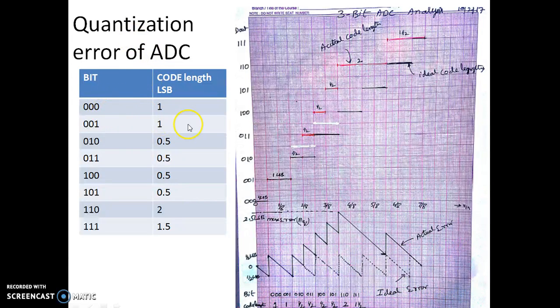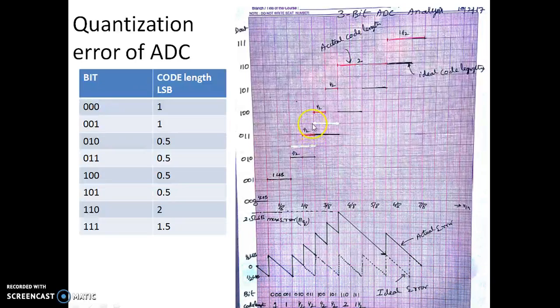So with respect to the code length in terms of LSB, the black one indicates the ideal code length, and this is the typical code length. The typical code length in this particular case is 1 LSB. Here it is again 1. So here also, you can see it is only half LSB and it is making a transition here.